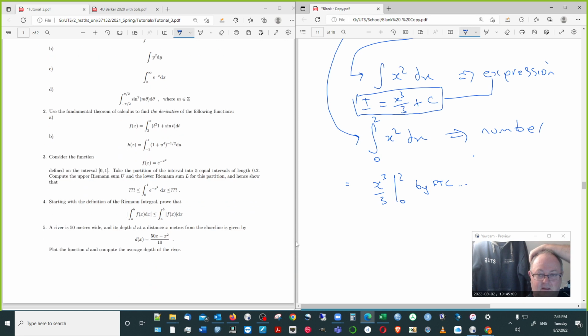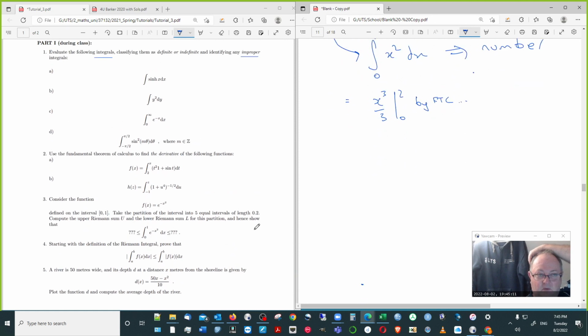The reason that I like writing it that way is because it reminds us that we have to invoke the fundamental theorem. We're going to substitute x with 2, and then with 0, and sometimes I'll even leave that out and just say students know that's the process.